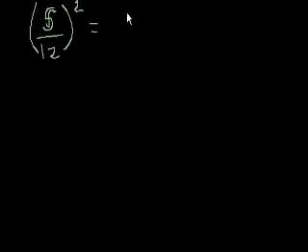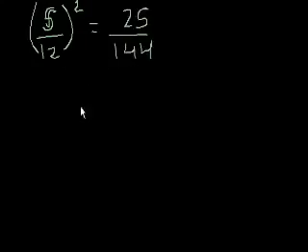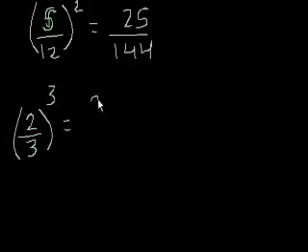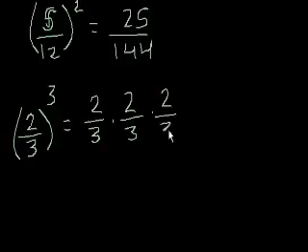Let's do a couple more. So if I said 5 over 12 squared, well, that equals 25 over 144. 5 times 5 is 25. 12 times 12 is 144. If I said, say, 2/3 to the third power, well, that's 2/3 times 2/3 times 2/3.